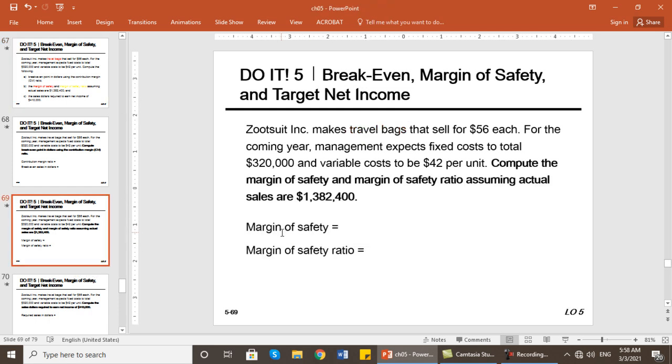Here, the margin of safety will be expected sales less break-even sales.